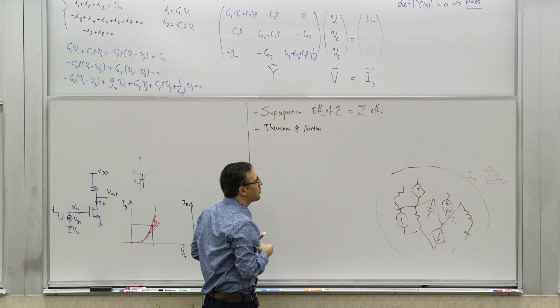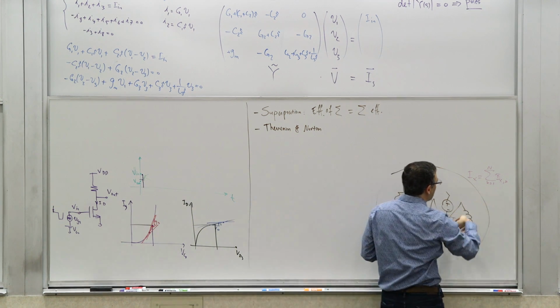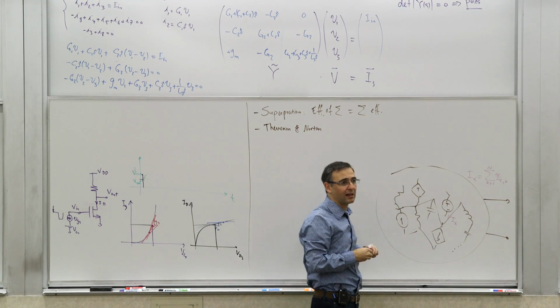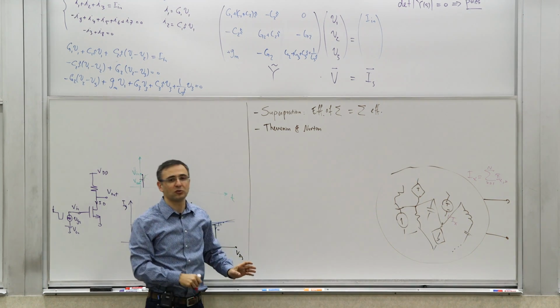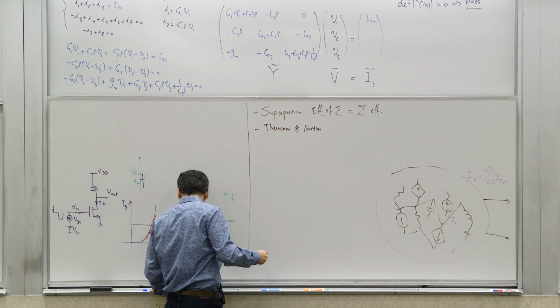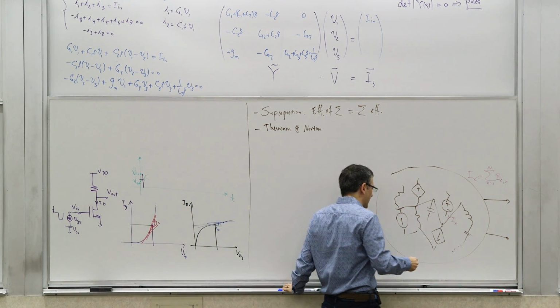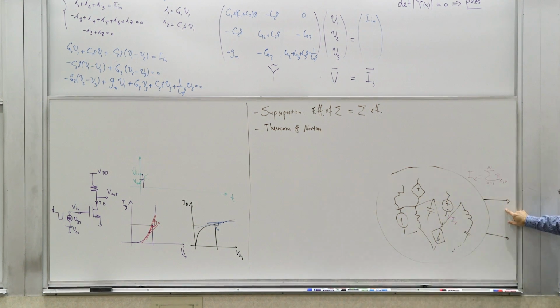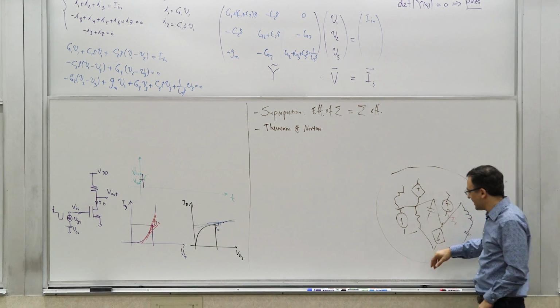What Thevenin and Norton say is that if you have a network like this, made purely out of linear elements, they could be dependent or independent sources, inductors, capacitors, resistors, what have you, and it has just two terminals, namely one port, then this whole thing can be modeled.